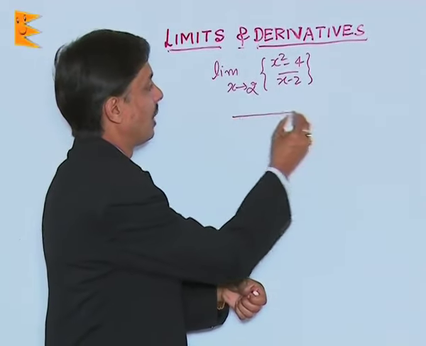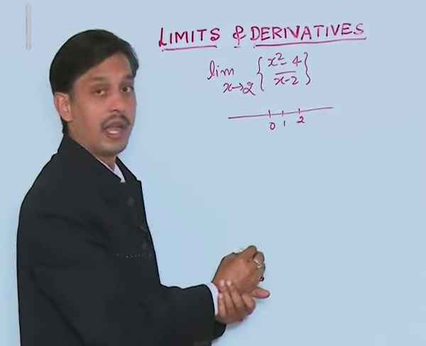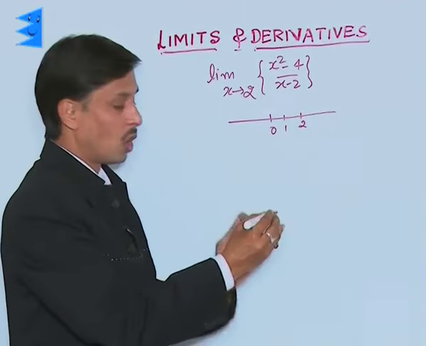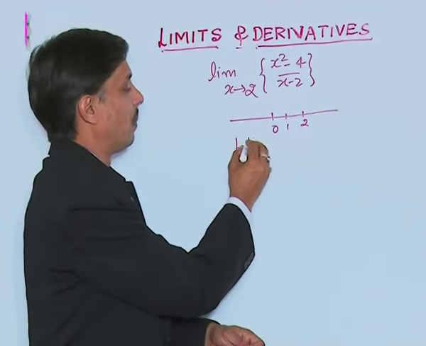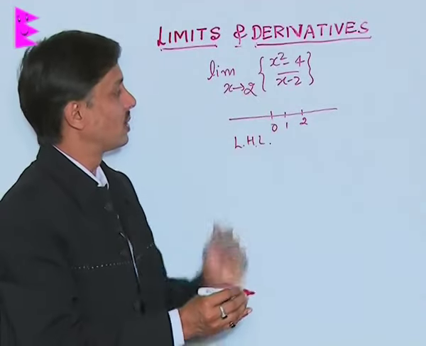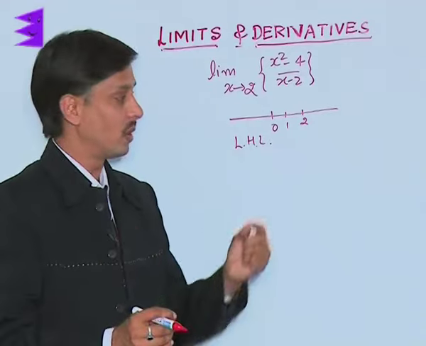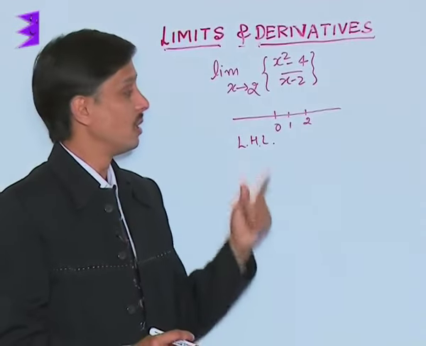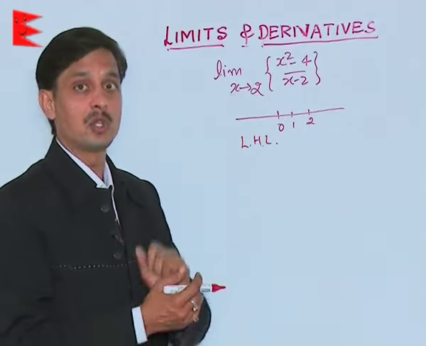If you observe it on the number line, suppose it is 0, 1 and 2. So if I talk about the left hand limit, what is the left hand limit? In the function, in place of x, we will put a bit less than the value which the limit tends to.